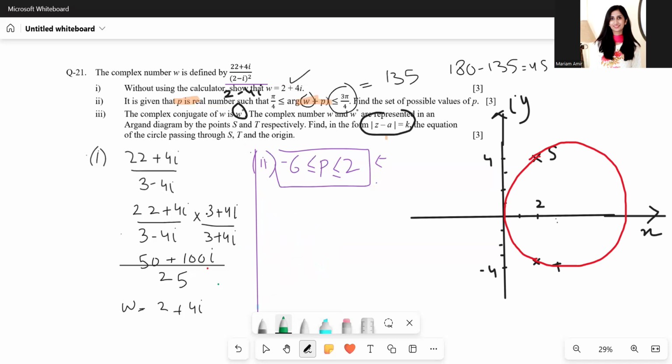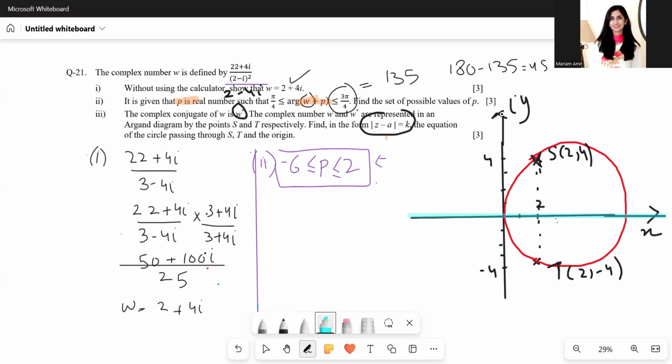Okay, so now since this is S, which is 2 comma 4, and that is T, which is 2 comma -4, we know that the center of this circle is going to lie somewhere on the x-axis because these are two very symmetrical points and the middle of the circle will be exactly in the middle of these 2 points.